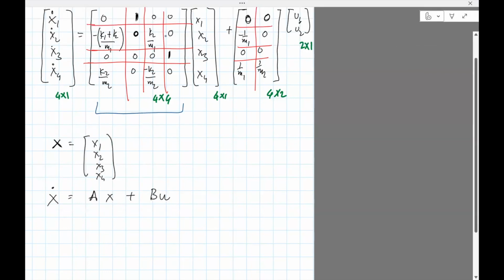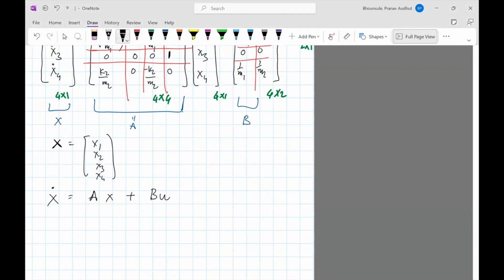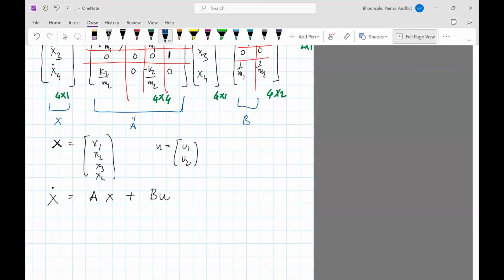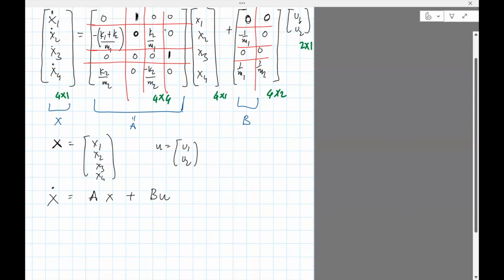This matrix here is B. This matrix is x. And then I forgot to put u. u is u1, u2. So this matrix is u. So x dot equals Ax plus Bu.